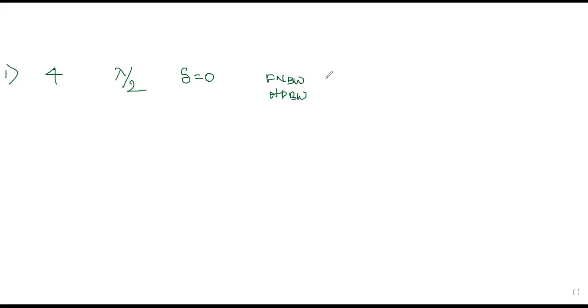Ma'am, can you repeat it? Yeah. A linear antenna has 4 isotropic point sources with separation between each source lambda by 2 and delta is equal to 0.